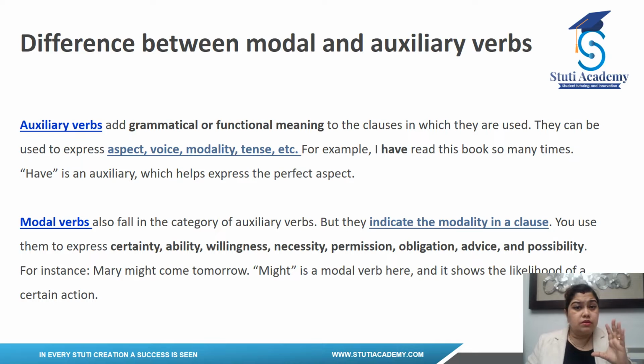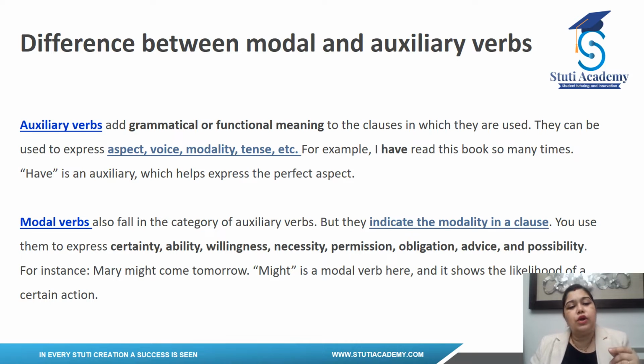But the modal verb is a part of the auxiliary verb. Like you have the umbrella, auxiliary verb, and you have the modal verb inside it. So modal verbs indicate modality in a clause and they express, like I said before, certainty, ability, willingness, permission, necessity, obligation, advice, possibility.